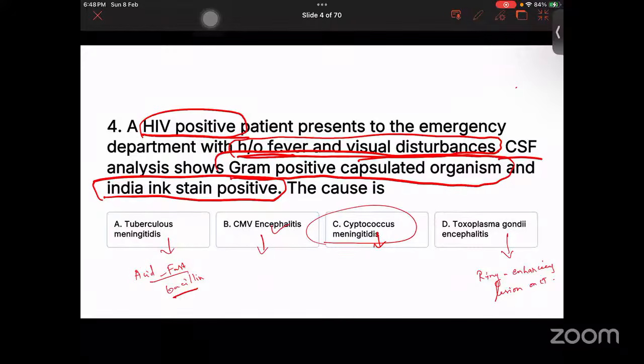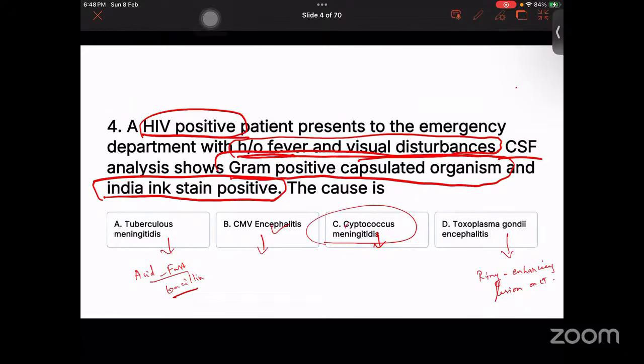The other feature prominently given here is a visual disturbance. CMV encephalitis could cause retinitis as a visual disturbance, but CMV will not stain on the India ink. So the third option is cryptococcus meningitis, which is the most common one.